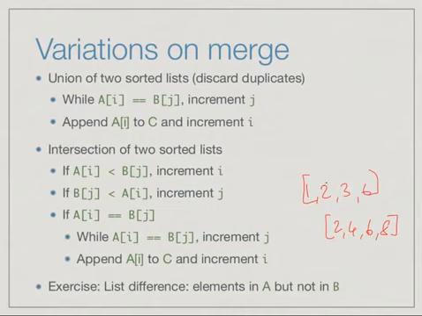So 2 is there here and it is here, so you remove 2. 6 is there here and it's here, so remove 6, so you should get 1, 3. So if this is A and this is B, then this is the so-called list difference A minus B. So see if you can write a version of merge which gives you all the elements in A which are not also in B, also known as list difference.